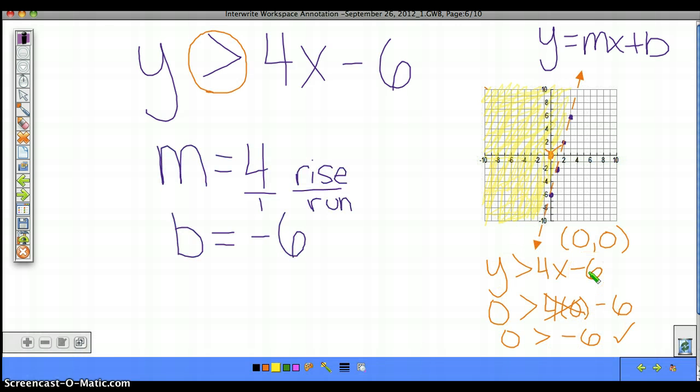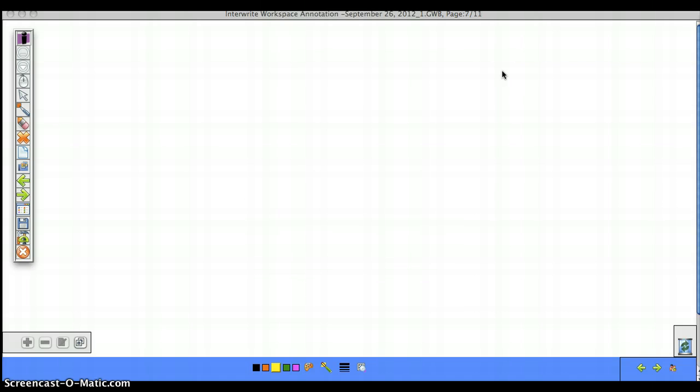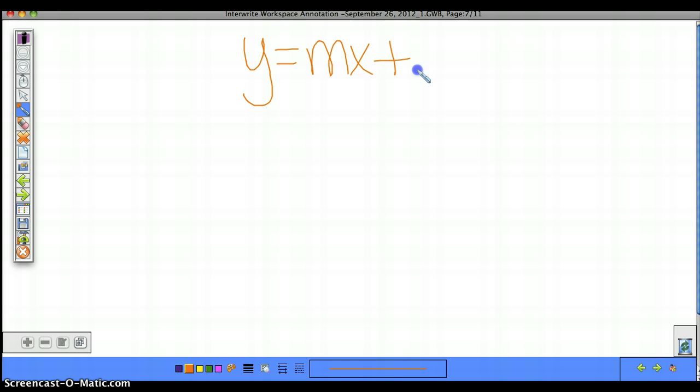So quick recap. You should be good to graph linear inequalities if you are okay with slope-intercept form. If you're okay with this, you should be good. We could plug in any inequality right here and graph it. Now remember, just like on our number line when we had an open circle, this stands for our less than and greater than symbols. We are going to use a dotted line for these.